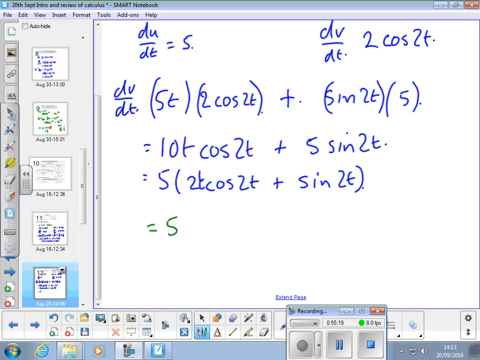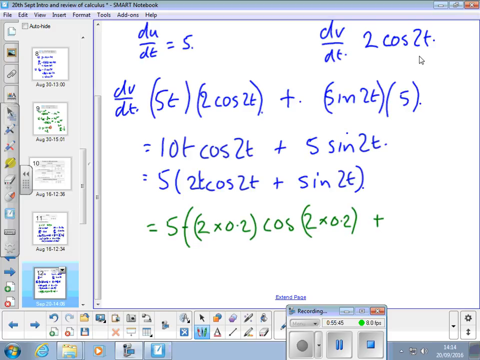So that's 5 brackets 2 times 0.2, cos 2 times 0.2 plus the sine of 2 times 0.2. So we just plug in 0.2 where all those t's are, and you should get an answer. So plug that in your calculator.